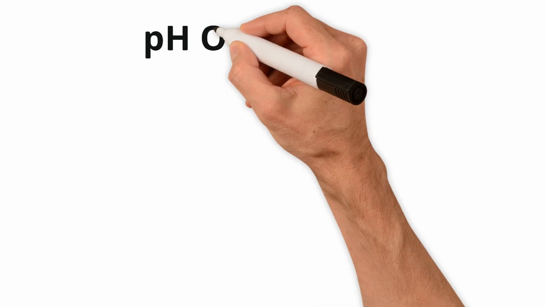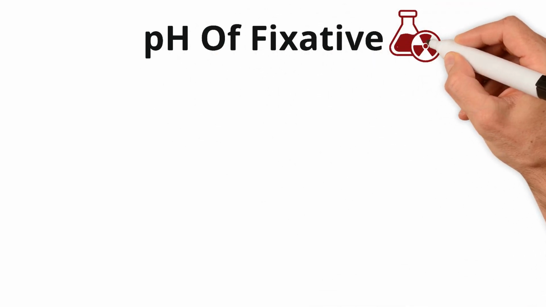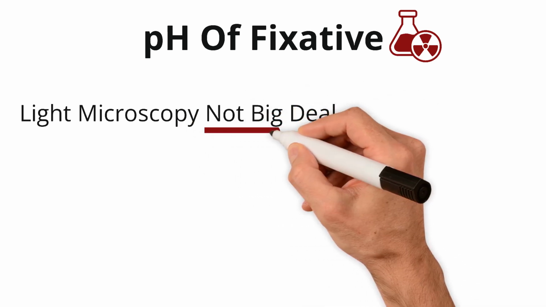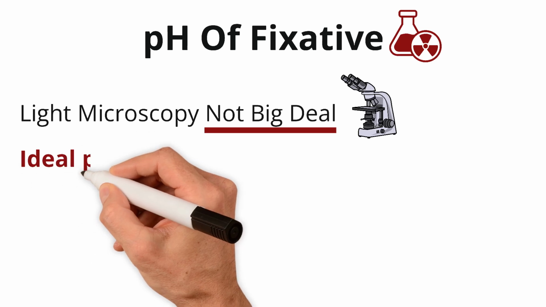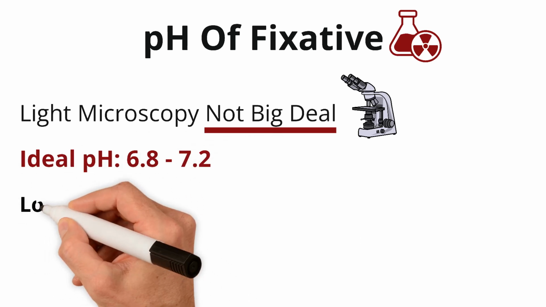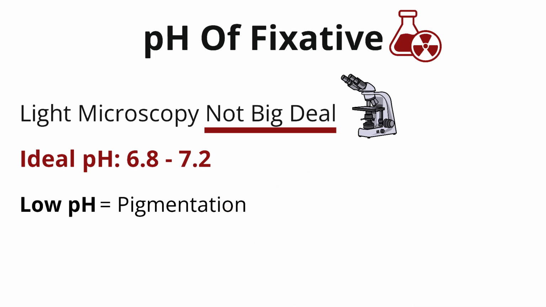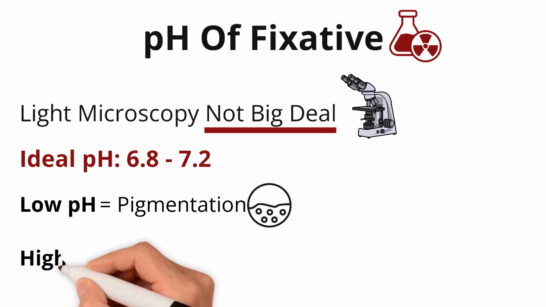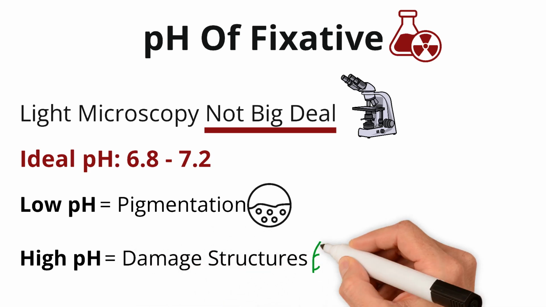The eighth factor is the pH of the fixative. When it comes to light microscopy, the pH of your fixative is not a big deal, but optimal pH for formalin is around 6.8 to 7.2. If the pH is too low, it can cause pigmentation, and if it is too high, it can damage tissue structures.